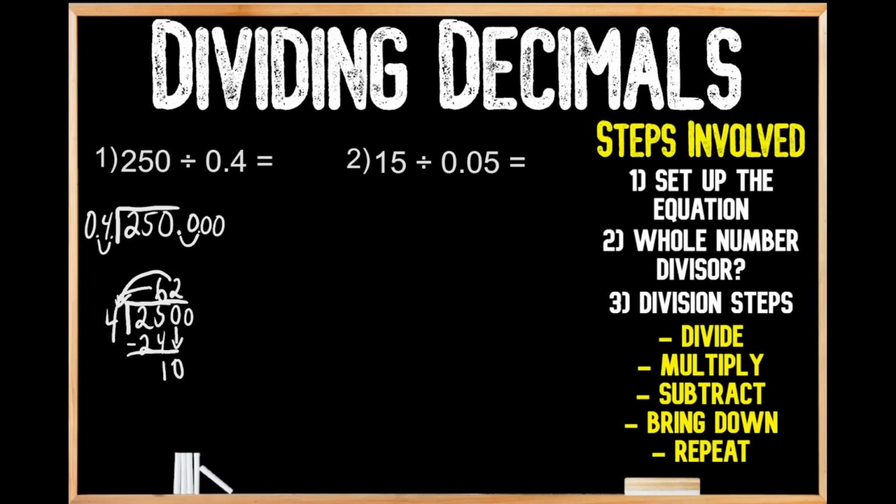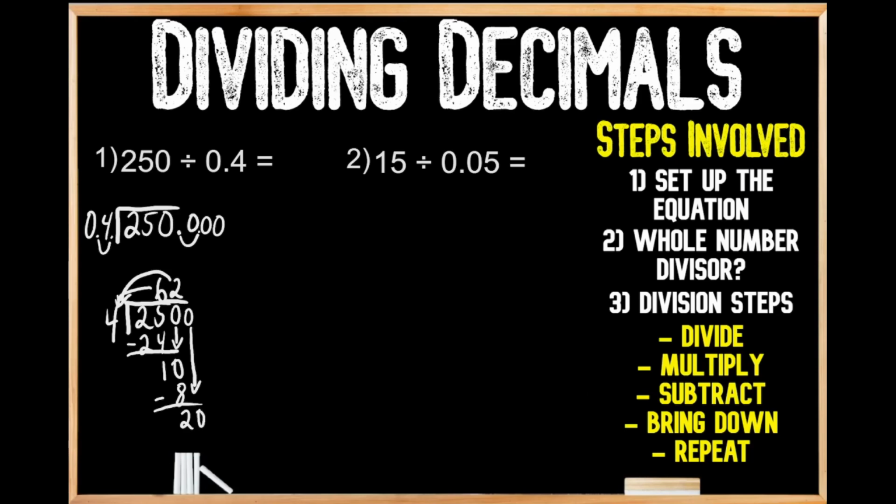When we multiply 2 times 4, we get 8. Now we're going to subtract, and when we subtract 8 from 10, we're left with 2. So now we're going to repeat this process of bringing down the number that's immediately to the right of the place that we've just divided, giving us 20.